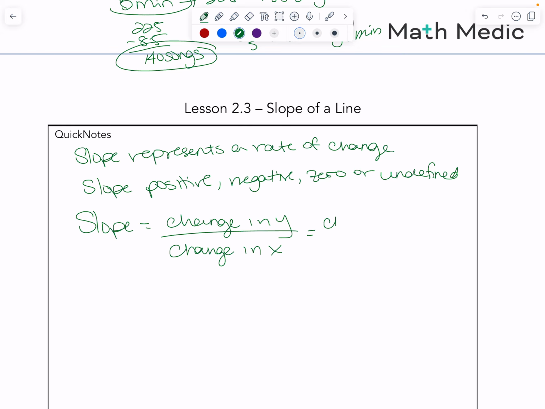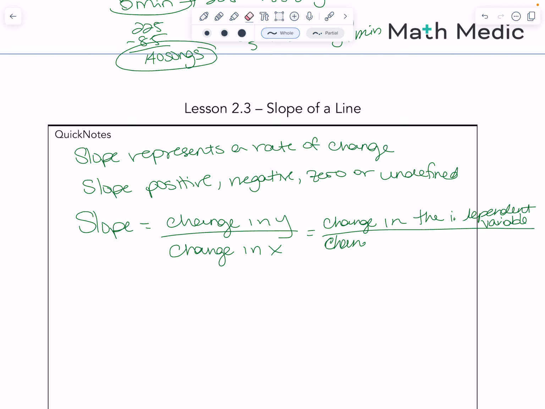Or we could say, this would be a physics thing in case you have seen it in physics, change in the dependent variable divided by the change in the independent variable.